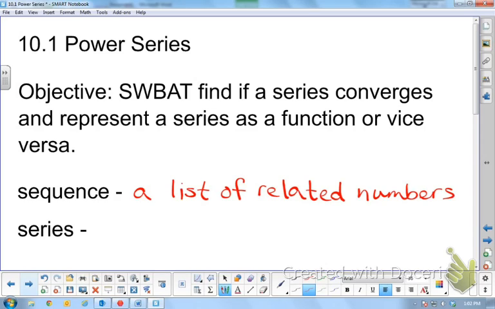So when we say related, usually we can come up with some sort of function that would give us those numbers. Or, do you guys know the Fibonacci sequence at all? I've heard of it. The Fibonacci sequence we can define recursively, but we cannot define with a function, as far as I know.